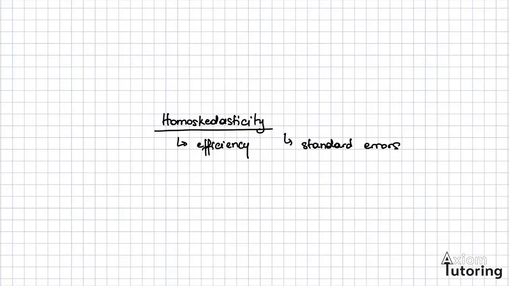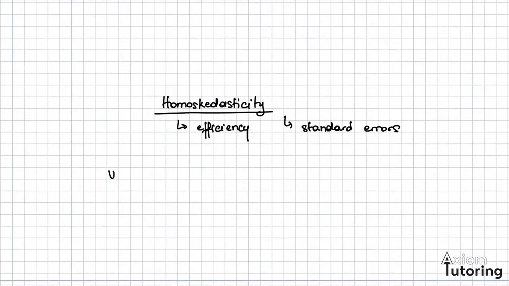So let's dive into what homoskedasticity says. In its standard form, we will write it as the variance of epsilon i conditional on x i equal to sigma squared. What that means is that the variance of the error is constant.